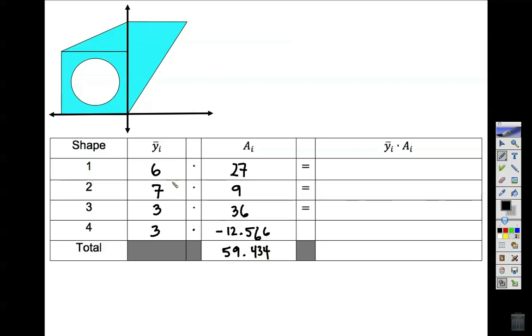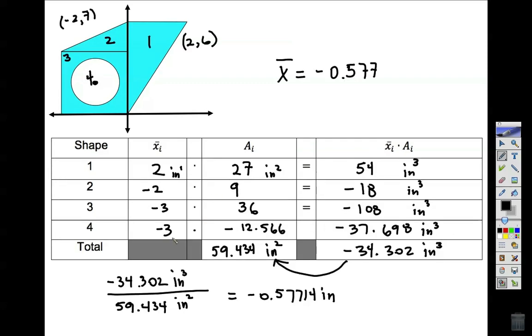All you have to do is multiply straight across and then add, take this result, and divide it by that. 6 times 27, 162. 9 times 7 is 63. 36 times 3, 108. Negative 12.566 times 3, same one, right?